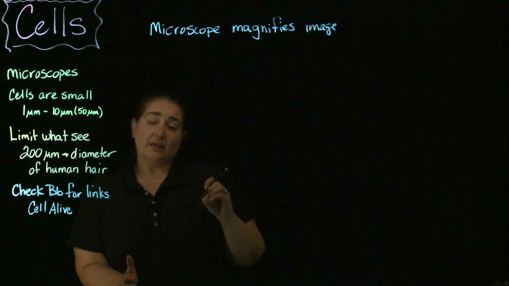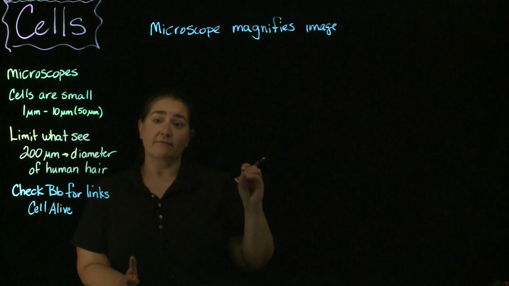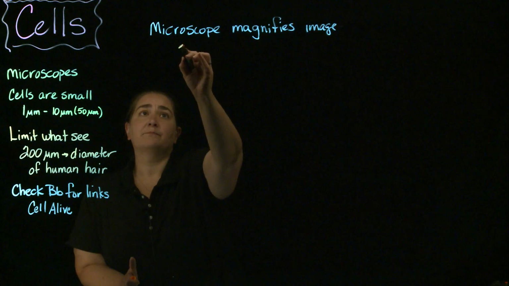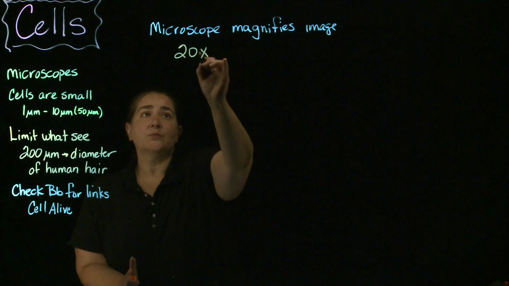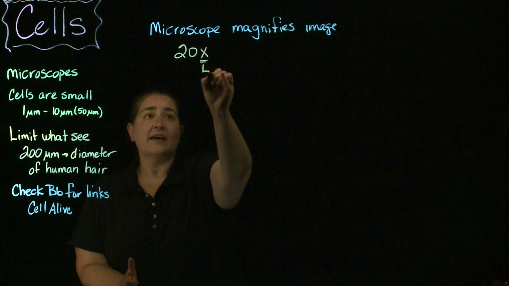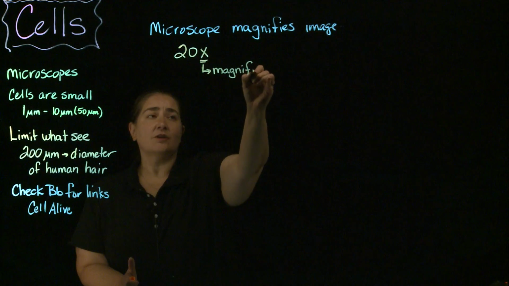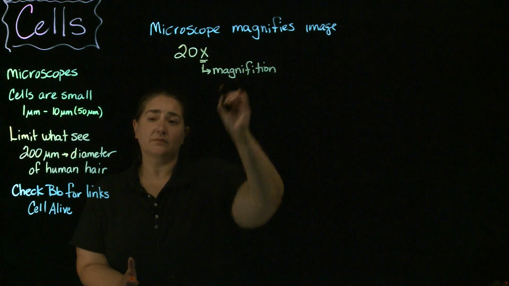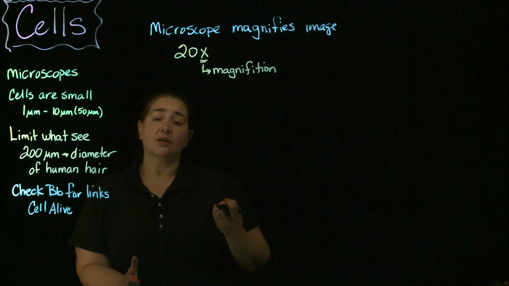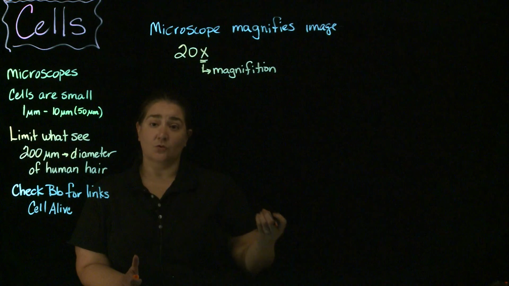And the way we express the fact that you are seeing something at not its usual size is to put some number followed by an X. That X tells you that you have some magnification associated with it. In this case, 20x would tell you that you are seeing something 20 times bigger than it is normally.